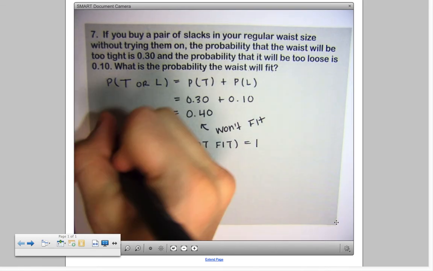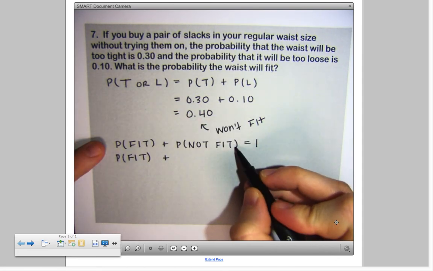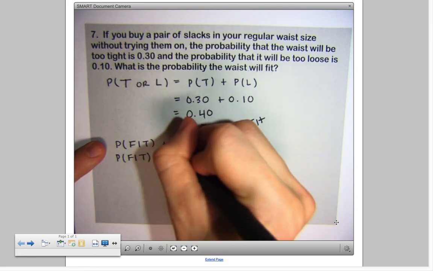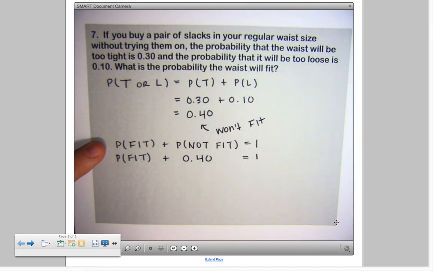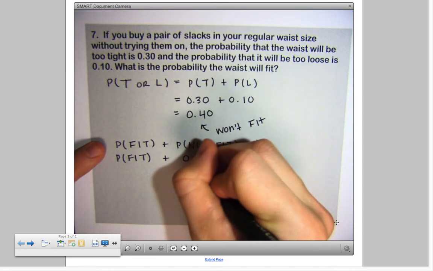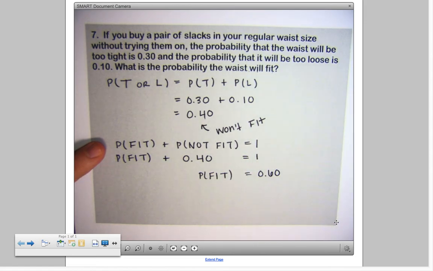So we want to know the probability that it's going to fit. We know the probability that it does not fit is 0.4, and that should be 1. So if we solve for the probability that it's going to fit, we have a 60% chance of it actually fitting.